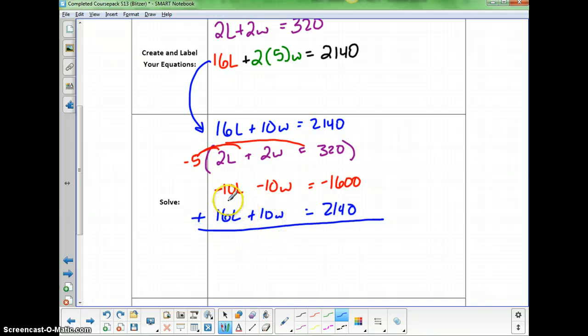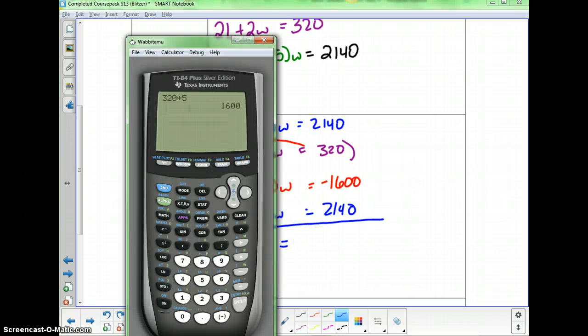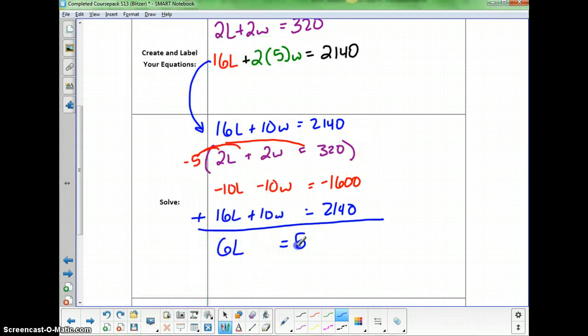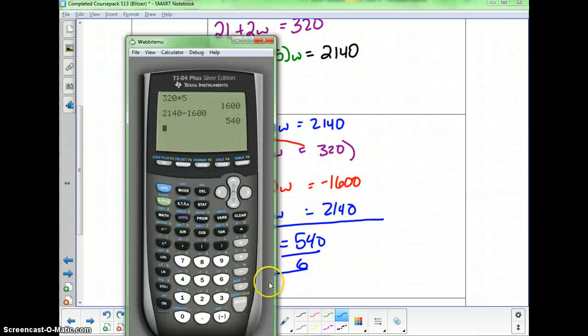When I add them, -10L + 16L is 6L, and the W's add to 0, equals 2140 minus 1600, so 540. Then we can divide by 6 to get that our L value is 90.